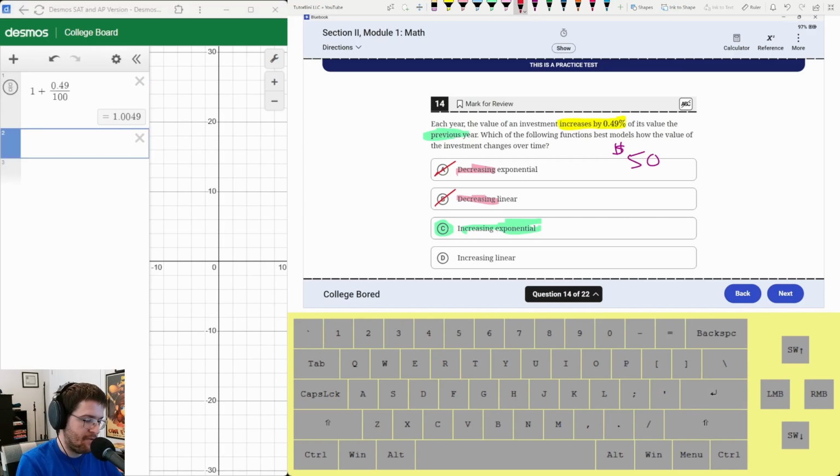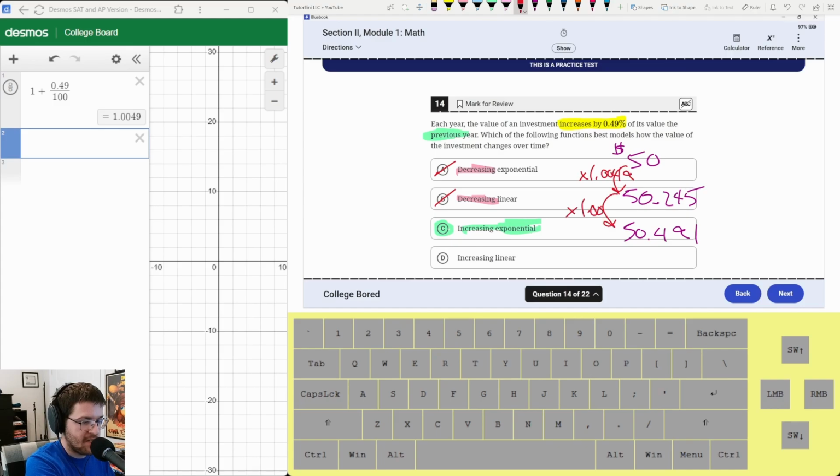So the next year we have 50 times 1.0049. So 50.245. And then the next year we have about 50.491. And you'll notice it's not going up by the same amount. It's getting multiplied, so it's exponential.